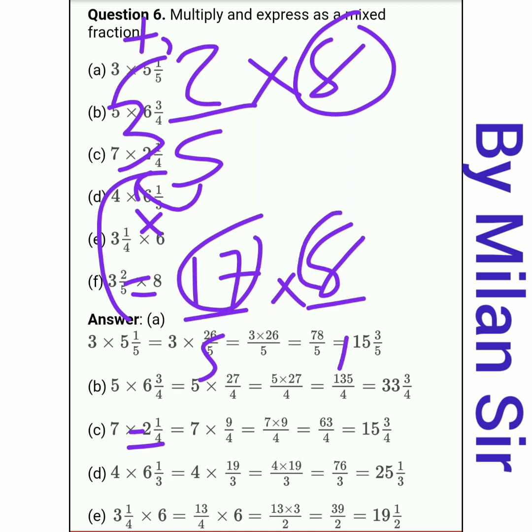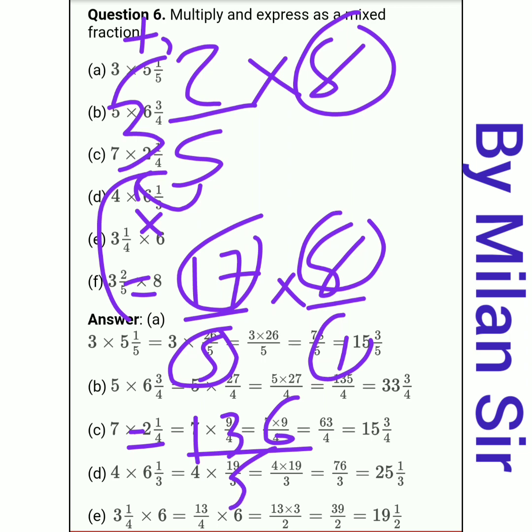So 17 into 8, 8 7s are 56, 8 ones are 8 plus 5, so 136 divided by 5 ones are 5, so 136 divided by 5. Okay, 136 divided by 5. So again this is an improper fraction, we can convert it into a mixed fraction.